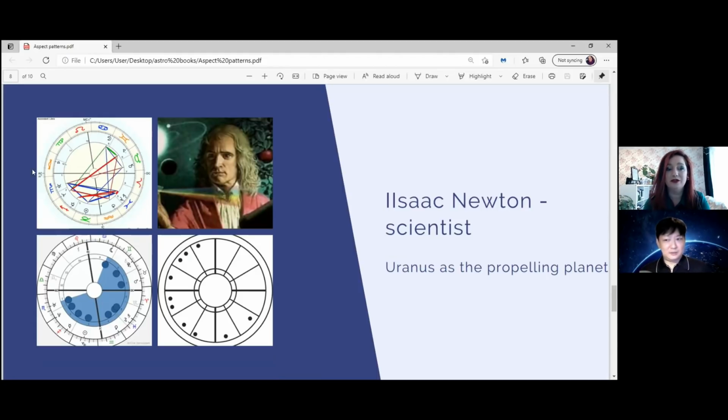And again, because here, for example, Uranus is, and I would say this is his first planet, basically the locomotive, the planet that drives his inventions and makes him work on getting the humanity to better times.